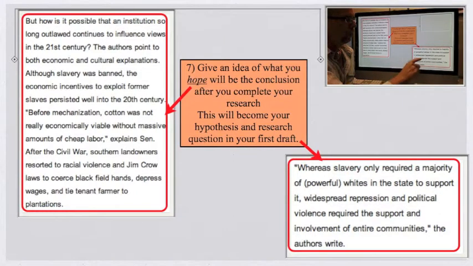Widespread repression and political violence required the support and involvement of entire communities in order to perpetuate this kind of extortion of labor of black former slaves. So in order to have that kind of extortion out of this minority population, in some cases even a majority population, they had to terrorize this population and say, look, we can make things a lot worse for you if you don't continue to work on our cotton farms for dirt cheap.